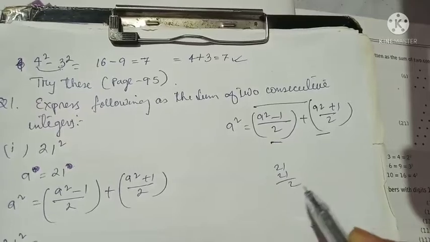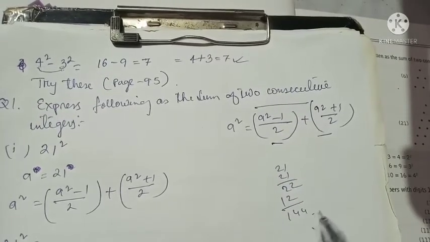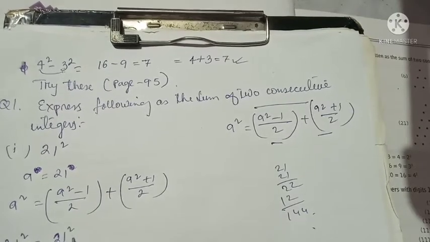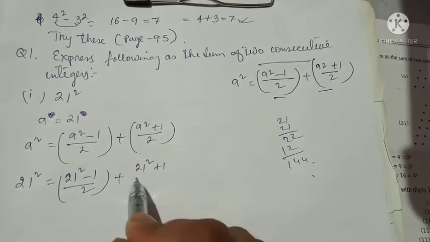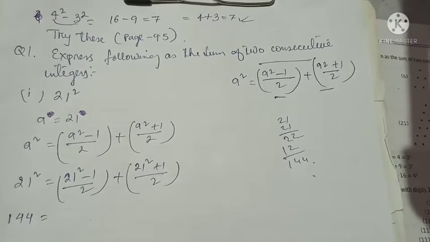You calculate here: 21 square is 441. So a square is (21 square minus 1) divided by 2 plus (21 square plus 1) divided by 2.